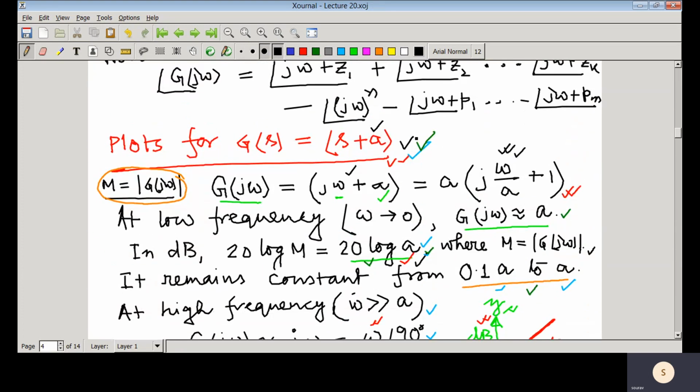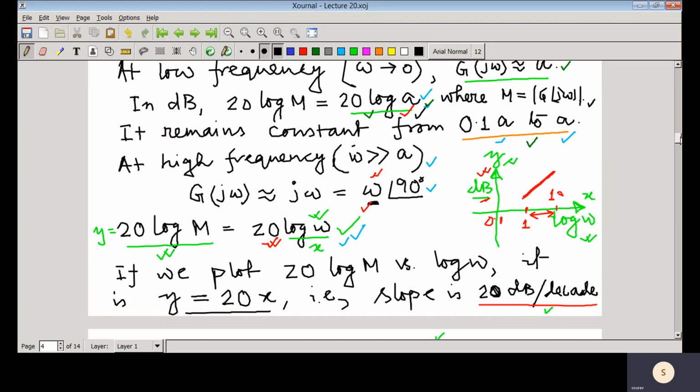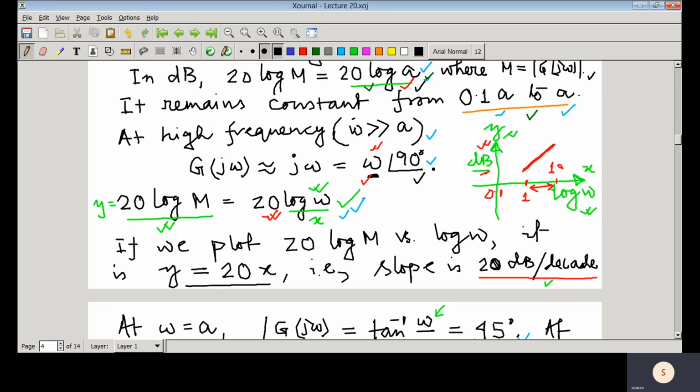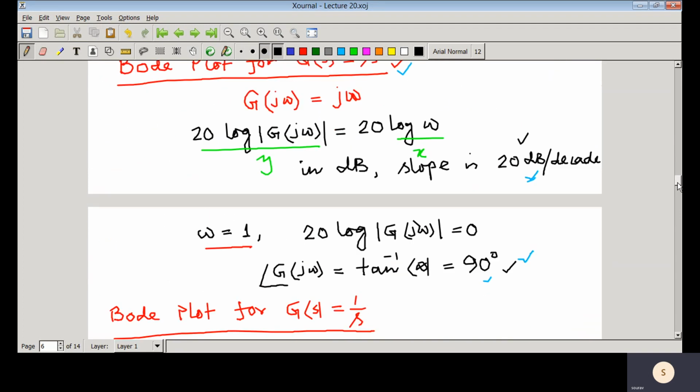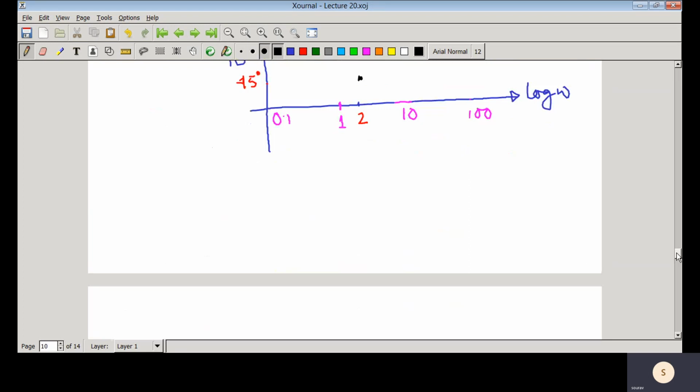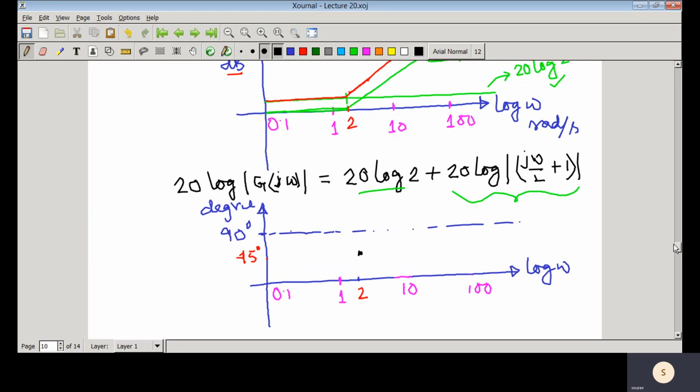At high frequency it would be 90 degree, and when frequency equals a, in this case omega equal to 2, the angle is 45 degree, and the slope is 45 degree per decade. So whenever we draw the phase, we take one point that is 1 decade below this corner frequency and 1 decade above that corner frequency.